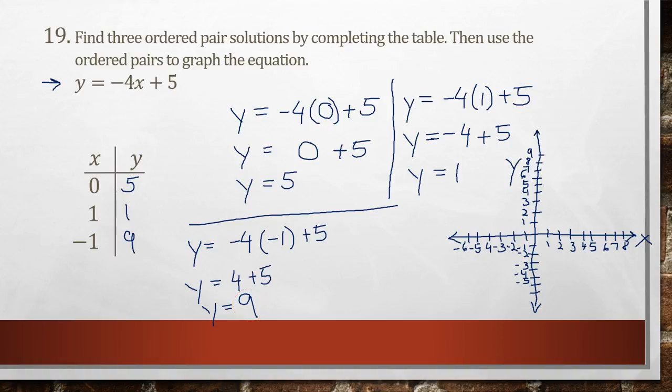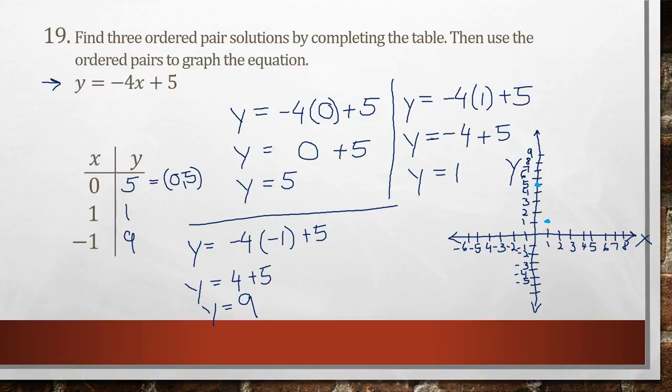So, plugging in my first point, which is 0, 5, my x value is 0, on the x-axis 0, and then my y value is 5, so 1, 2, 3, 4, 5, right here. And then my next point is 1, 1, so 1 on the x-axis, and 1 on the y. My second point should be right here.